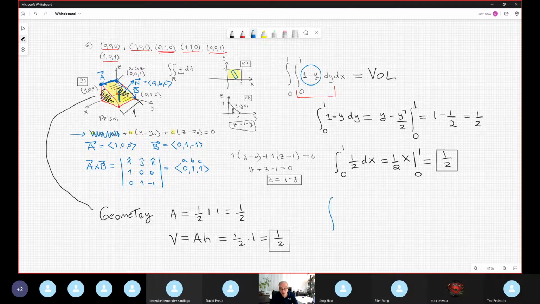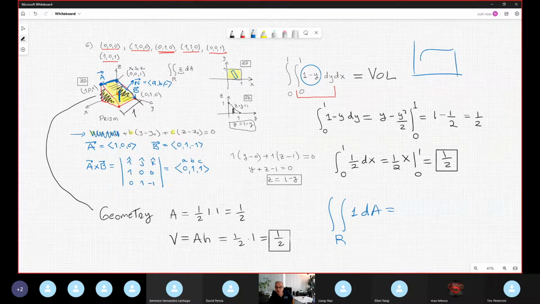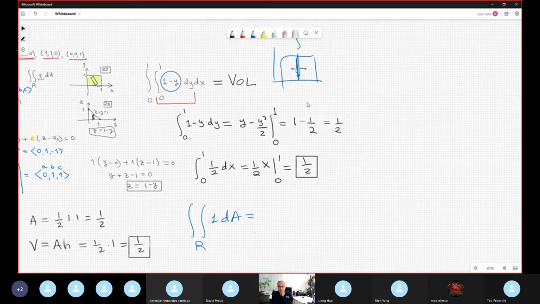However, you can use a double integral to compute the area if you consider the integrand function 1 in the region, and you get exactly it. It's the same idea that you are doing in Cal 1. In Cal 1, when you are doing area under the curve, you consider a strip, and extending this strip under the integration, there's only one integration, you get the area.